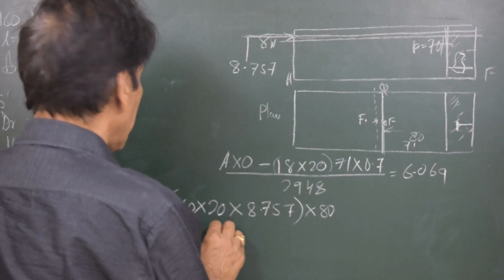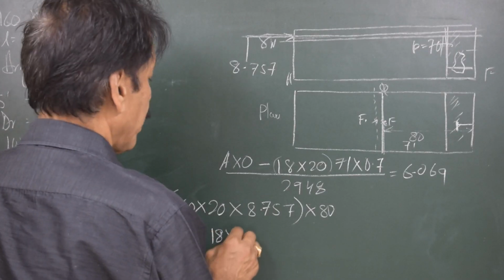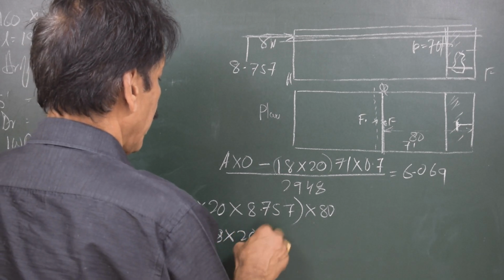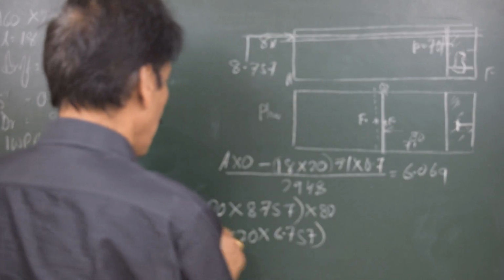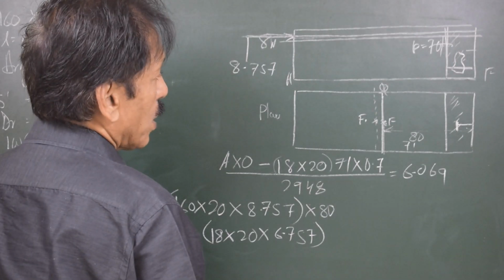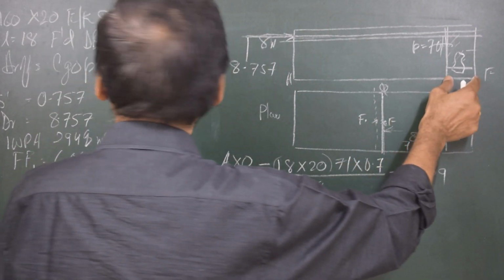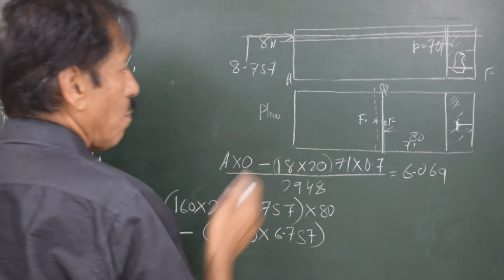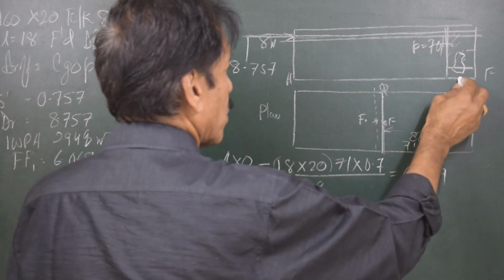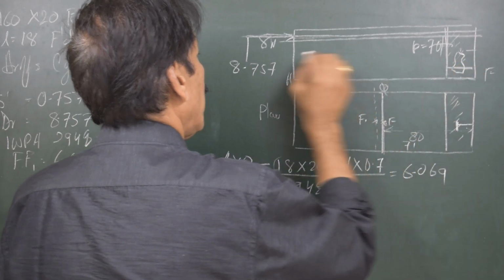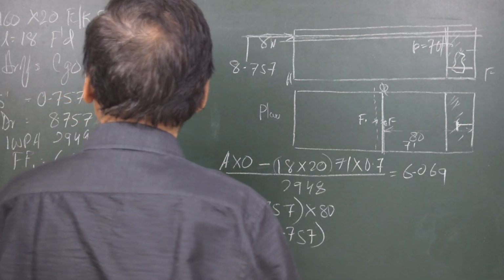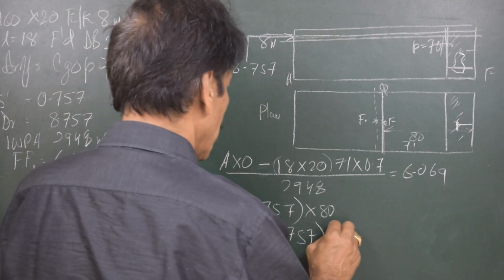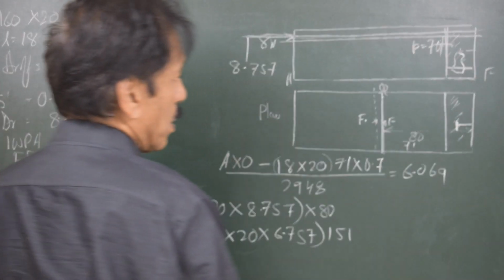Top part is 18 into 20 into 6.757. This is the volume multiplied by the distance. The length of the compartment is 18, so half of the length is 9 meters. So distance from the centroid till the aft is going to be 160 minus 9, that is 151. The distance is going to be 151 meters, right?